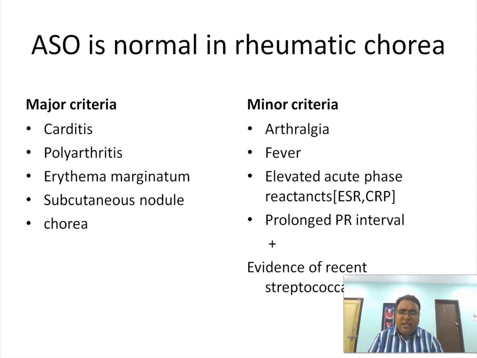Minor criteria: arthralgia, fever, elevated acute phase reactants like ESR, CRP, and prolonged PR interval. Along with these, evidence of a recent streptococcal infection has to be there to say this is a case of acute rheumatic fever.